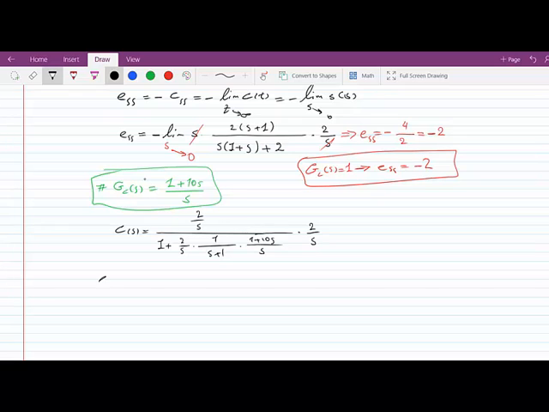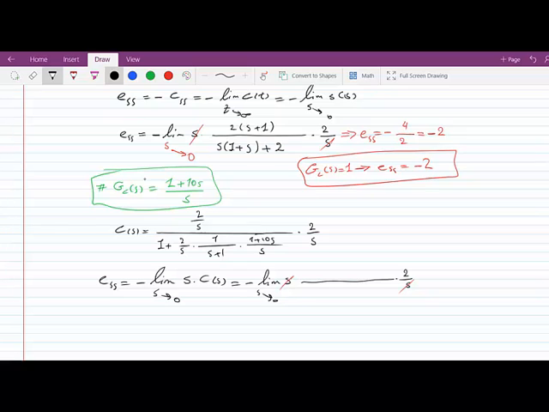So now we can write the steady state error is equal to minus the limit of s times C of s as s goes towards 0, and this is equal to minus the limit as s goes to 0 of the transfer function times 2 over s. This s here and s here will cancel out.